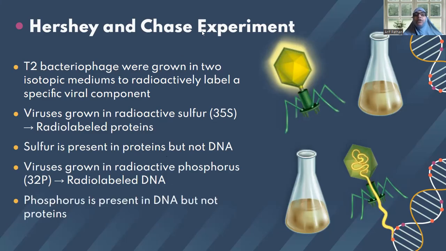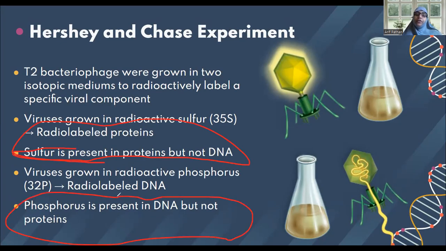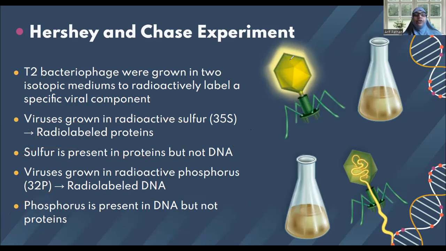This is the distinguishing factor which helped Hershey and Chase identify whether DNA or protein is the genetic material, to get foolproof confirmation. This is the fact that you have to be clear with.